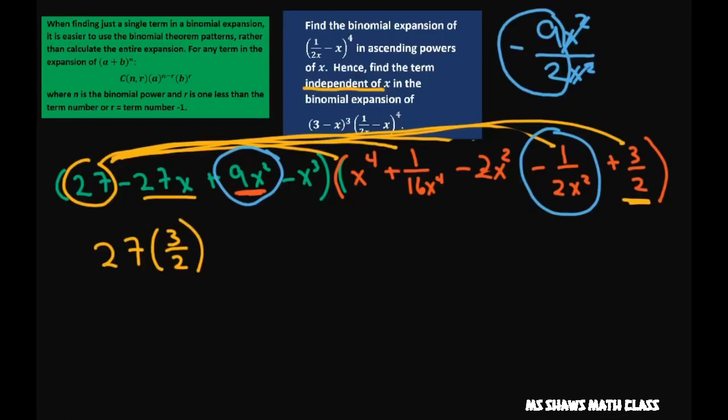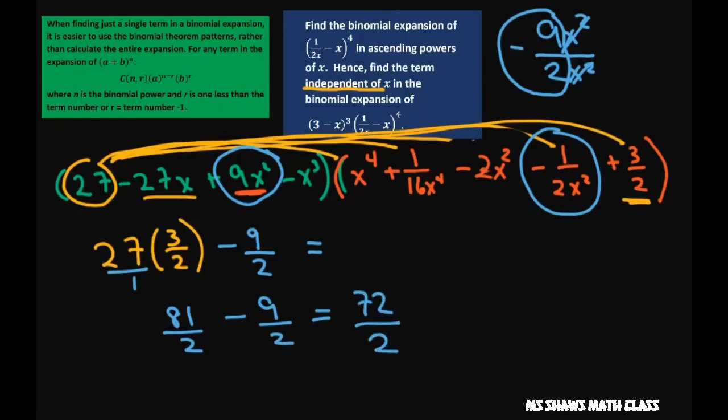So you're going to subtract 9 divided by 2. So this is going to give you 81 divided by 2 minus 9 divided by 2 equals 72 divided by 2, and that equals 36. So that's the term independent of x.